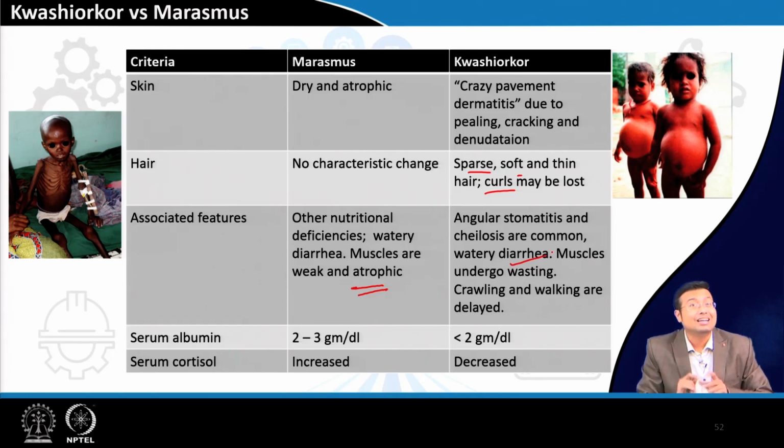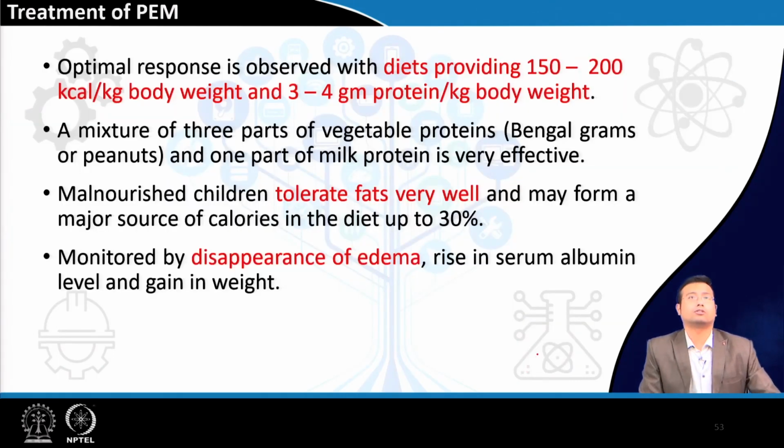Muscle wasting is there, but it is hidden under the edema. Albumin, as I told you, is low in both cases, but less than 2 gram per dl is a sign of kwashiorkor. Cortisol level is increased in marasmus and decreased in kwashiorkor.